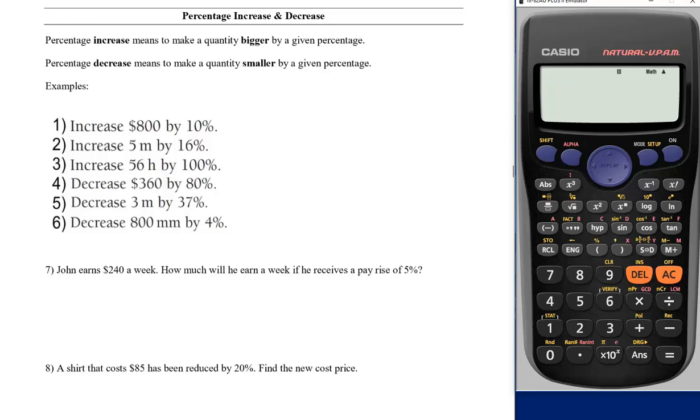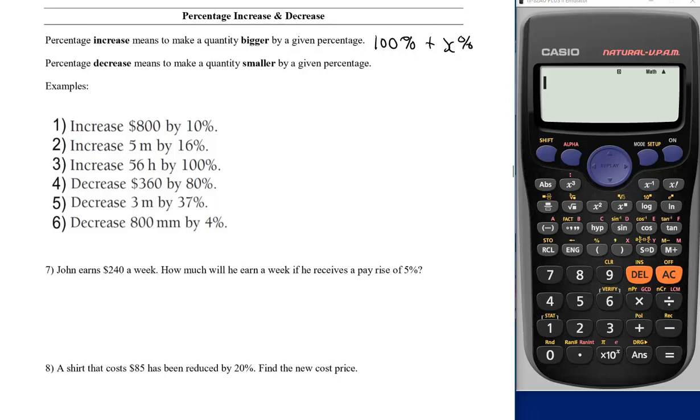So to do a percentage increase, we need to think: if we start with 100%, 100% of something is just the amount that you had at the start. Are we going to increase that by a percentage or decrease it? When we increase, it's going to be 100% and then we add some percentage onto 100%.